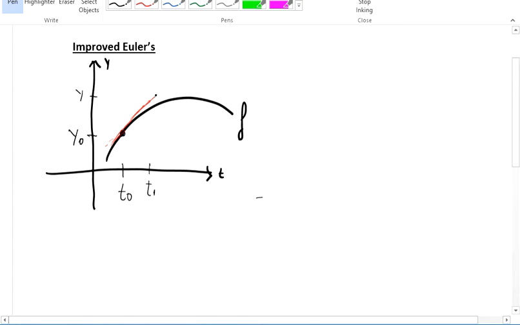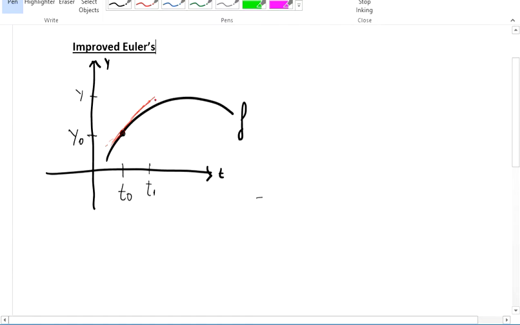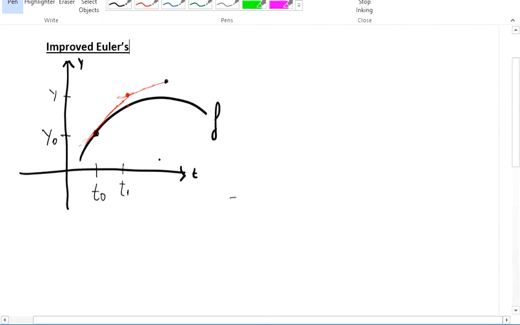Then we'd find the slope of the tangent line right here, and we'd go up another delta t. From this point we go up another delta t, and we get to this point here. So let's say that's t2, and now we're at y2, and so on. We keep moving on.